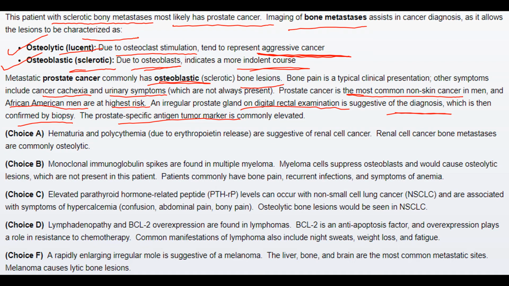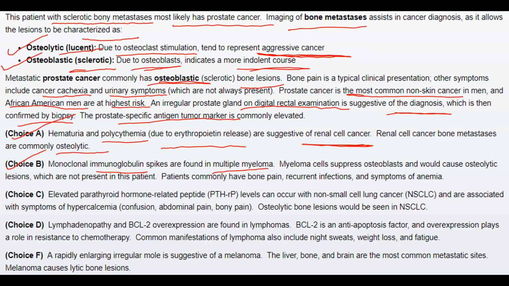Other options were incorrect. In choice A, hematuria and polycythemia due to erythropoietin release are suggestive of renal cell cancer, and renal cell cancer bone metastases are commonly osteolytic. In choice B, monoclonal immunoglobulin spikes are found in multiple myeloma.